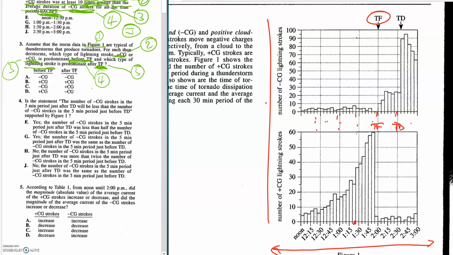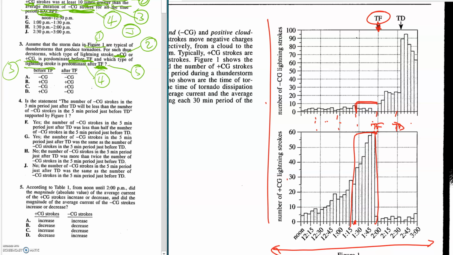So TF, so negative CG before TF is down here, because this is TF right here. And before TF, the plus CG is really high. All right, so which type of lightning stroke, negative CG or positive CG, is predominant before?